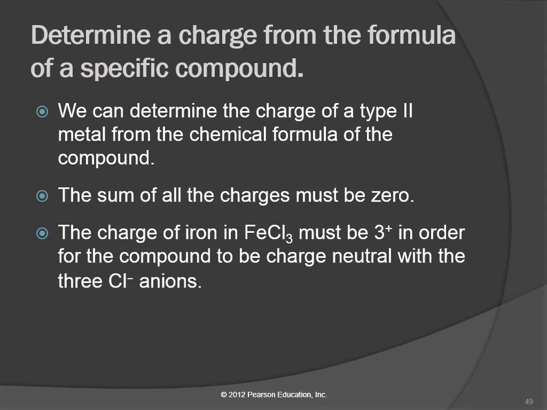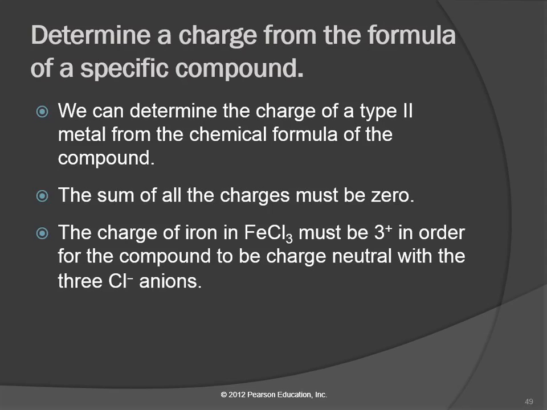I really need a laser pointer. Fe, right here. Is that in groups 1A, 2A, 3A, zinc or silver? No, it isn't. That means we need to put a Roman numeral in the name. We have to figure out what the charge is.